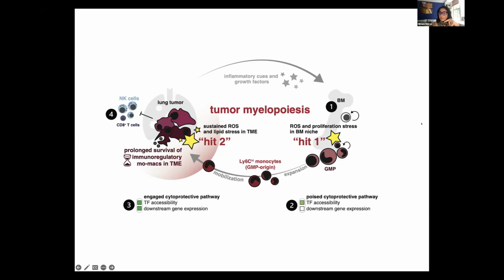And it's possible that understanding this will enable us to identify novel drugs that restore healthy myelopoiesis and reduce its ability to be hit, which is probably going to happen at the tumor site, but maybe we reduce susceptibility to the additional hit at the tumor site. Okay, so this is the model that we are working on right now.